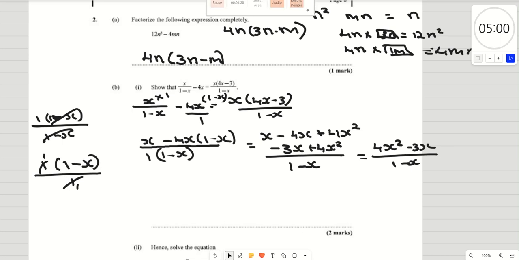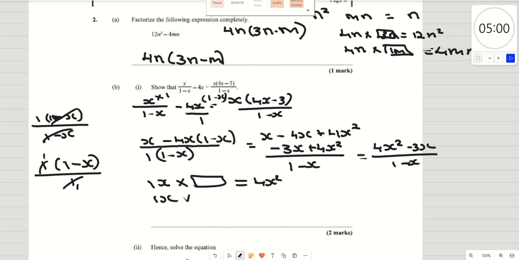But we don't want it like this. We want a bracket. And when you have brackets, what does that mean? We factorize. So you're going to ask yourself, what does 4x squared and minus 3x have in common? First of all, 4 and 3 only have 1 in common, so we could put 1. x squared and x, what they have in common? x. So 1x multiplied by what would give you the first term, that's 4x squared.